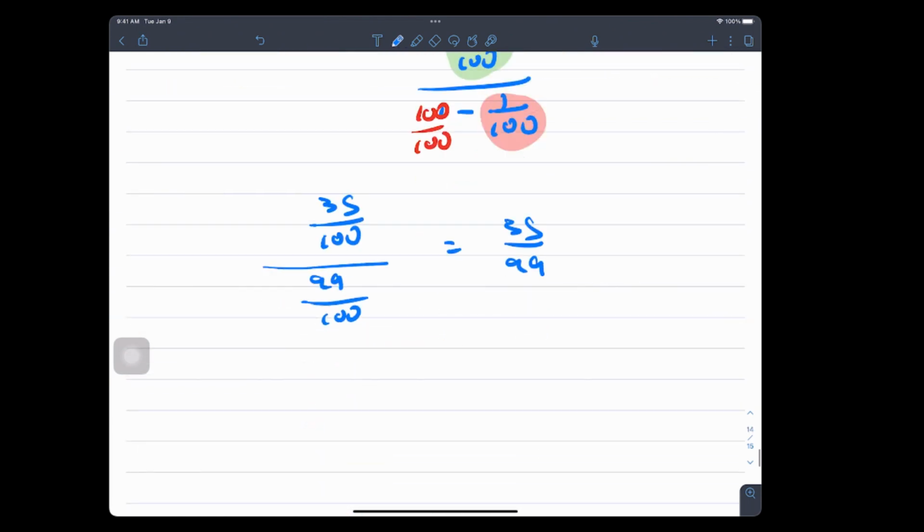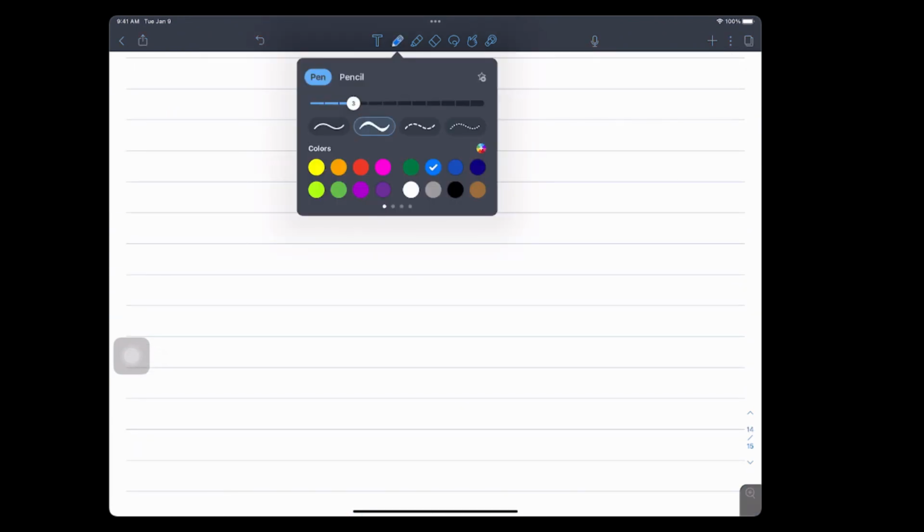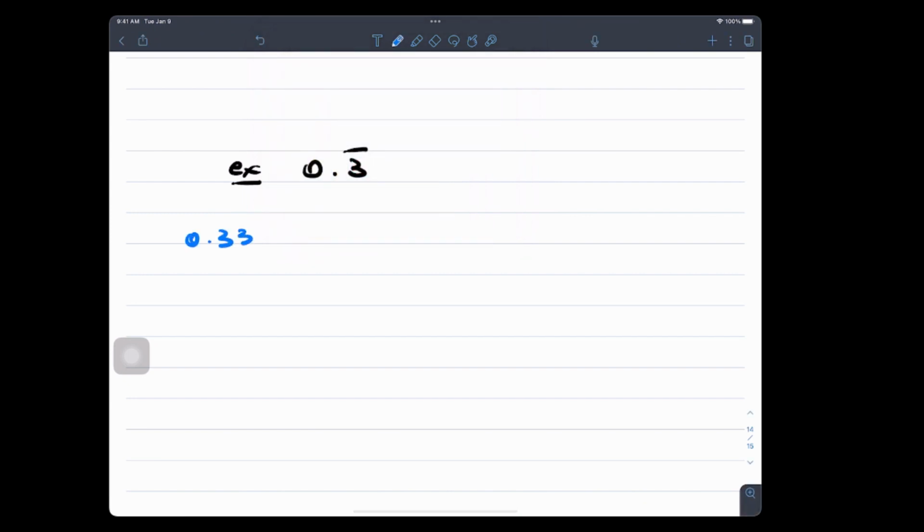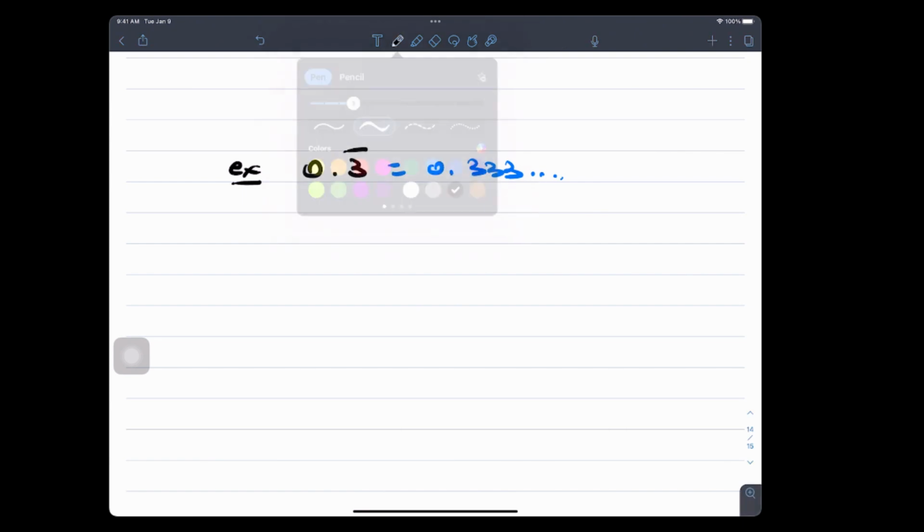It's kind of like writing down, for example, a very simple one, if I said to you, what about this example? Right? What is this? What's 0.3 with that line on top? Isn't that going to be what? Isn't this what this is by definition? We're going to want to write this as a fraction as well. So, some of the homework says write as a what?